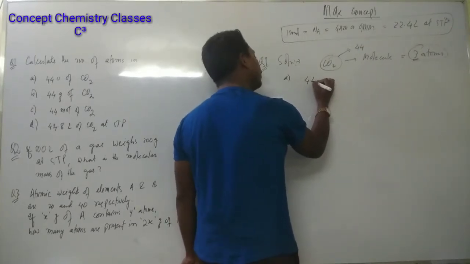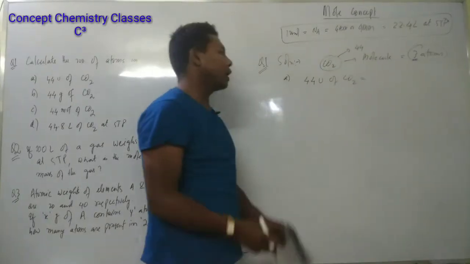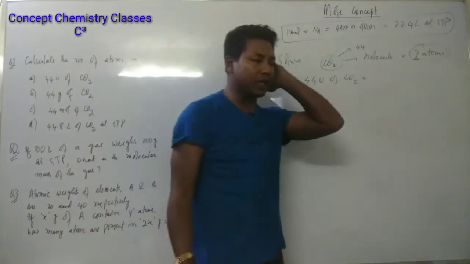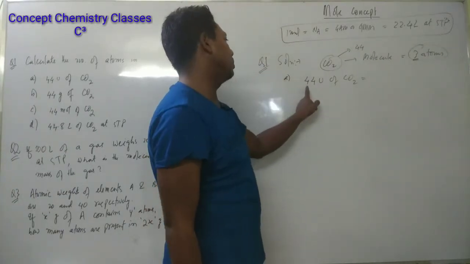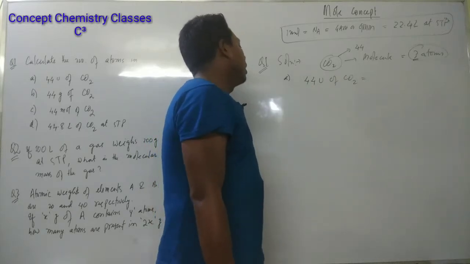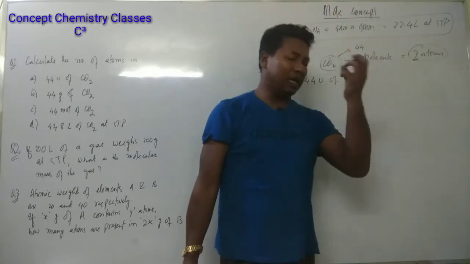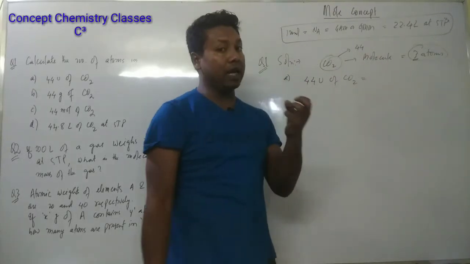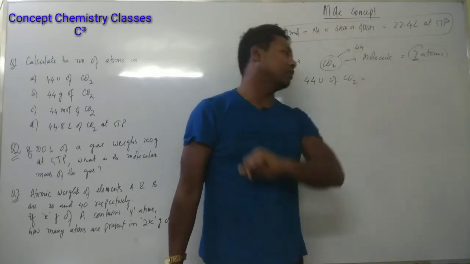Now what is the meaning of 44 u of carbon dioxide? How many carbon dioxide molecules will be present in 44 u of carbon dioxide, which is the molecular mass of carbon dioxide? Like I said, 44 u is the relative molecular mass of carbon dioxide, which contains only 1 carbon dioxide molecule.